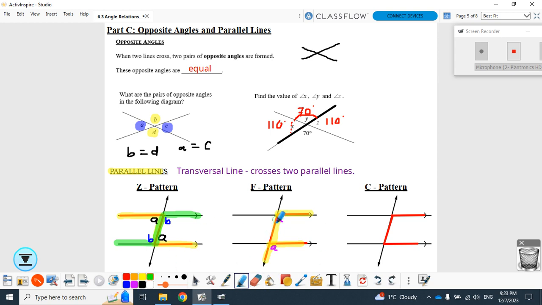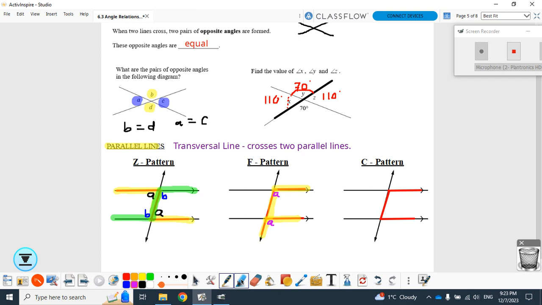The thing about F's is that they can also go backwards, kind of like the Z pattern. You see the F going backwards? They can also be upside down, like this. Upside down F. And they could also be backwards and upside down, like that. So there's a whole bunch of different F patterns. There's 4 F patterns you can see with a parallel line and the transversal.